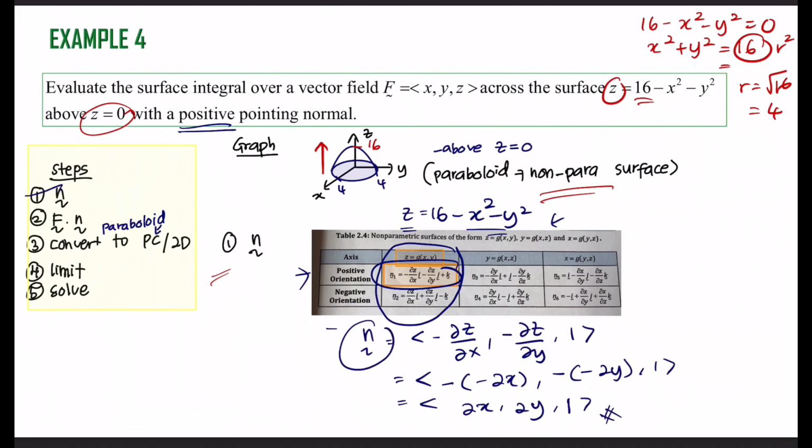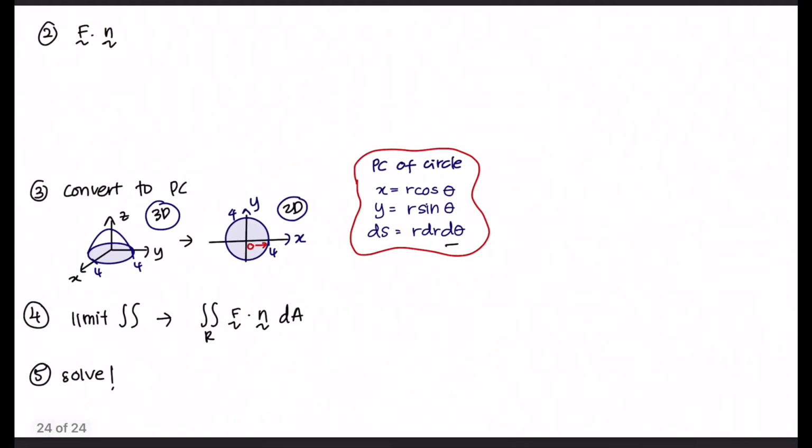Step number 2 is to calculate the dot product with vector F. So this is vector F here, x, y and z, dot product with n. Our n is 2x, 2y and 1.